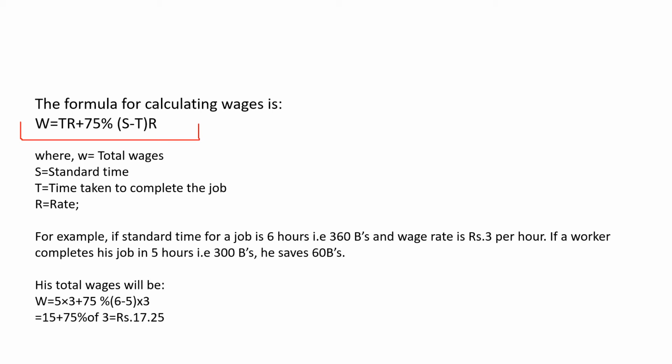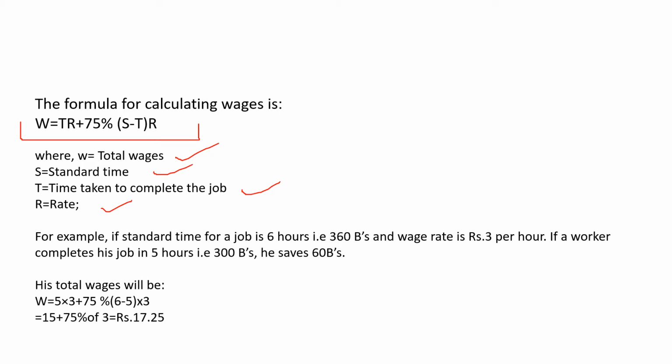So this is a very simple formula that you have to remember. We can apply this formula for calculating our total wages under the Bedaux system, under the Bedaux plan or incentive plan.